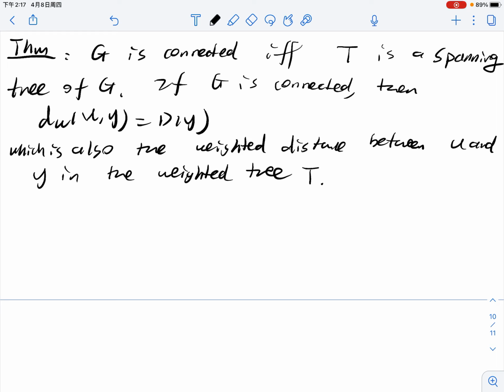So you only need to sum them up. There's no process like taking a minimum.